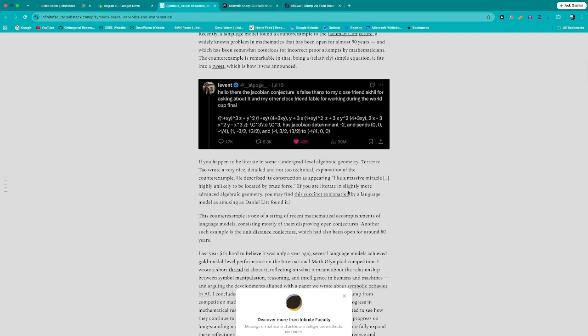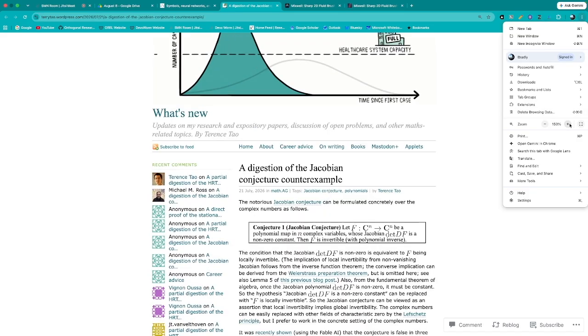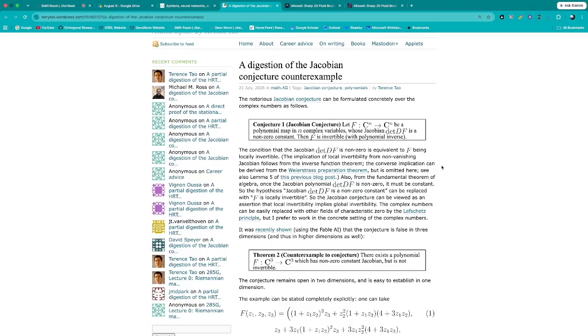If you happen to be literate in some undergraduate level algebraic geometry, Terence Tao wrote a very nice, detailed, and not too technical explanation of the counterexample. So this is the counterexample. This is from Terence Tao's blog. And it's a digestion of the Jacobian conjecture counterexample. So this talks a little bit about this conjecture using Fable AI.